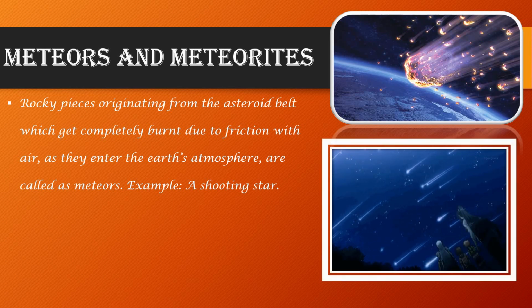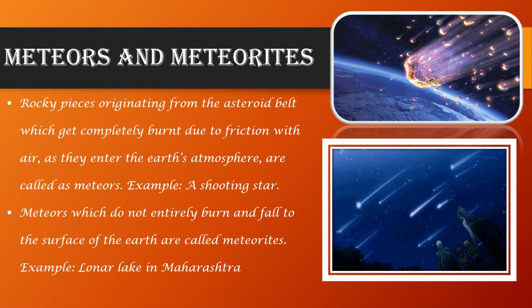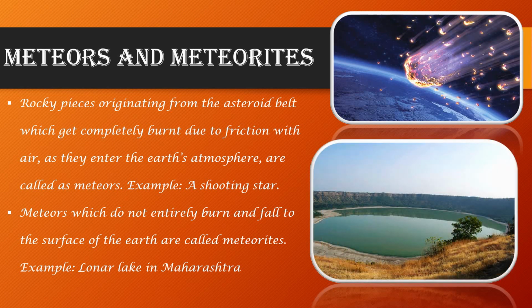And meteors which do not entirely burn and fall to the surface of the Earth are called meteorites. Example, Lonar Lake in Maharashtra. It is believed that the Lonar Lake in Maharashtra has been formed by the impact of such a meteorite. Meteors or meteorite falls occur on other celestial bodies too.